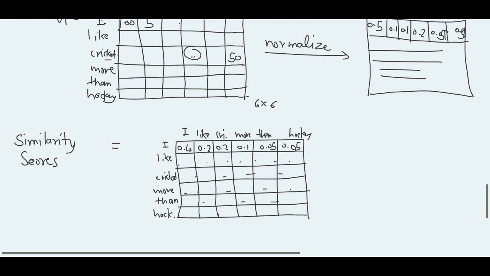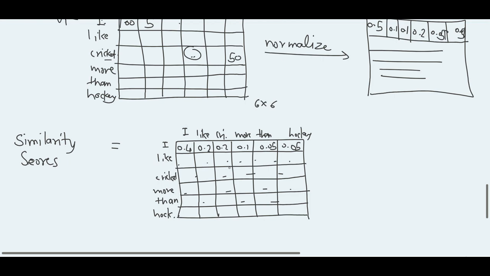So now you can see that we have this similarity scores matrix. This was an important part and this is done. We have calculated the similarity scores of all the related words.